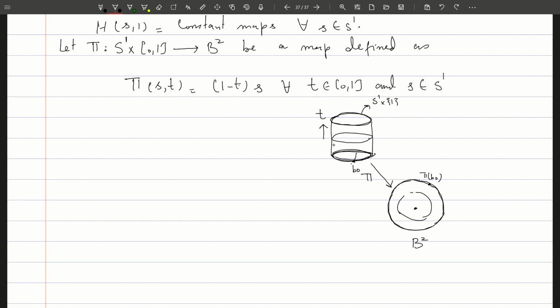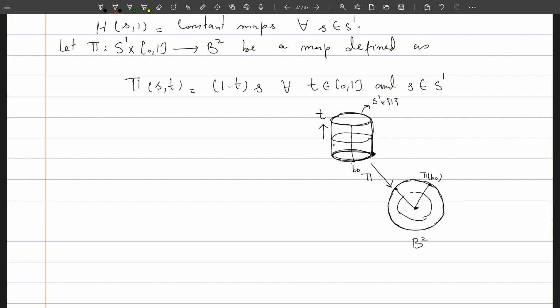When we give these values as input, we reach from this point pi of b naught to 0. Similarly, if we give these inputs, suppose this point corresponds to this point over here, then this vertical line corresponds to this line over here.